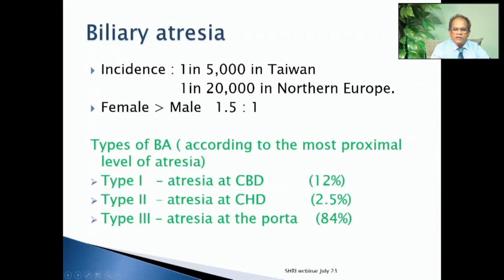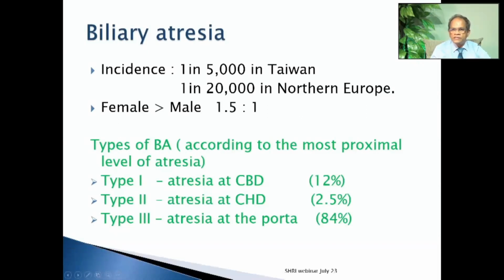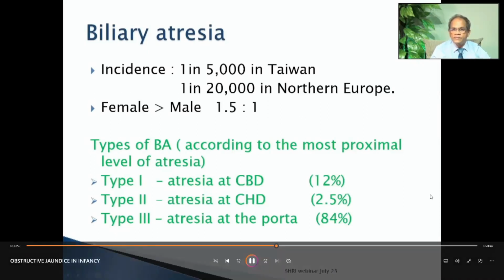Biliary atresia is usually classified into types depending on the most proximal level of atresia. If the most proximal level of atresia is at the common bile duct, from the duodenal papilla up to the opening of the cystic duct, then it is called a type 1. That means the hepatic ducts and the common hepatic duct are patent.